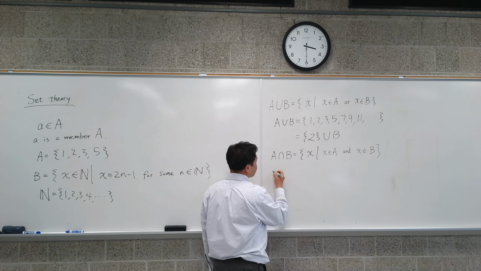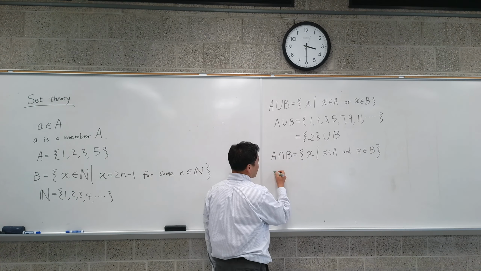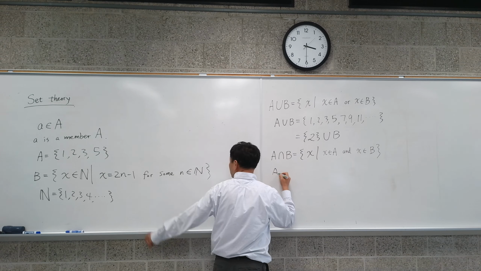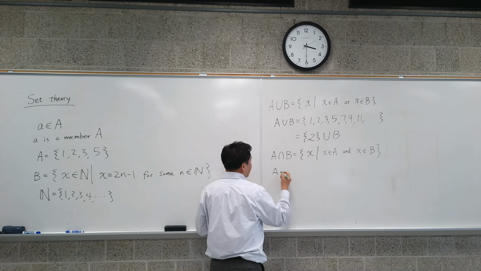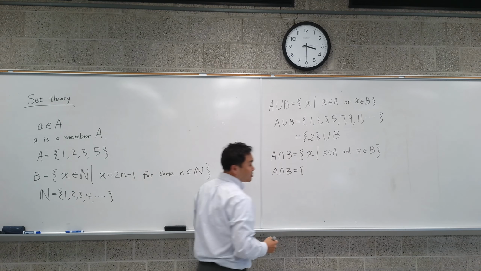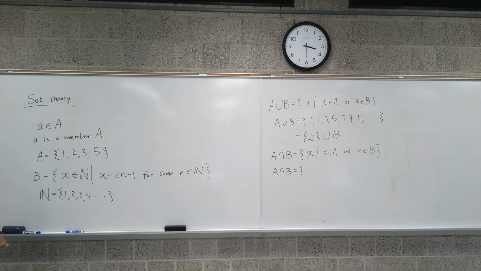In our case, when A and B are defined like that, A intersect B would be, let me see if you can get it. What's A intersection B?